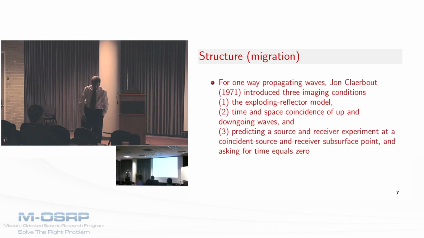This imaging condition 2 evolved in the 1980s. Whitmore, McMechan: instead of going back in space, go back in time to get a diving wave. So going back in space and going back in time are the same if you have a one-way wave.